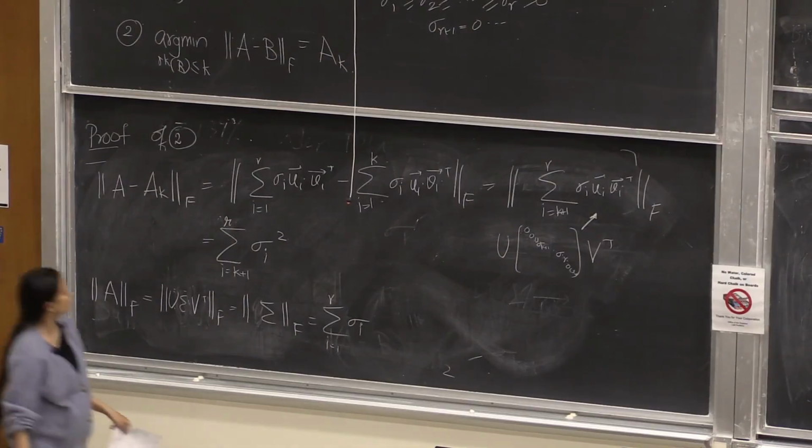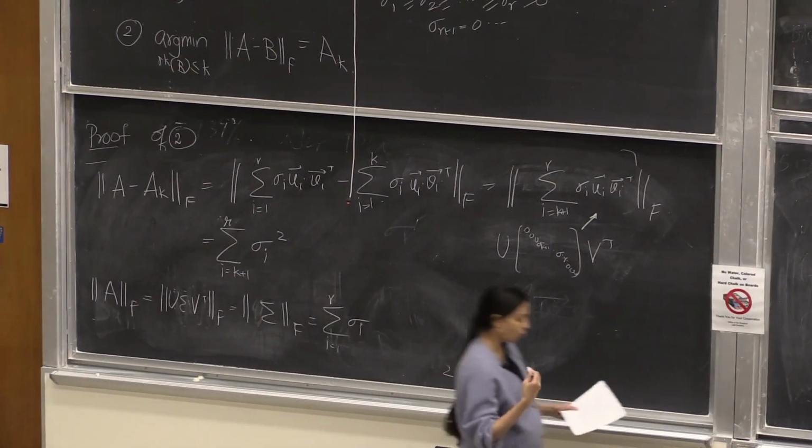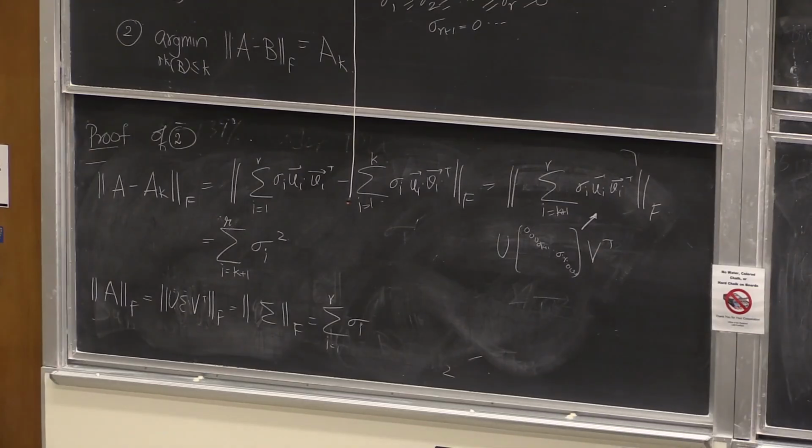So I can now see that what I want to show is that this is the lowest this quantity can be, right?